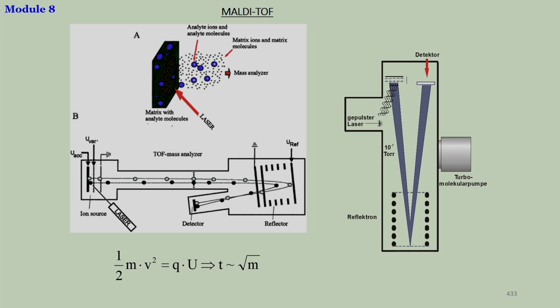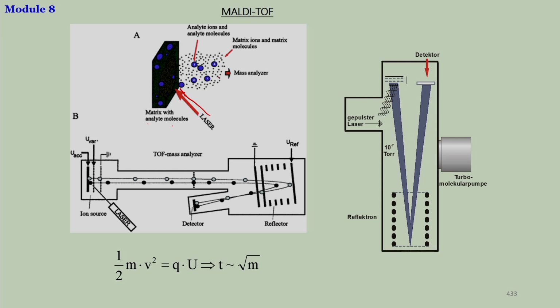So, matrix with analyte molecule, you shine a laser here, the laser will desorb all the ions that are there. Analyte ions and analyte molecules are coming out, and the matrix will also come out, but matrix will not matter, it has a very small mass.